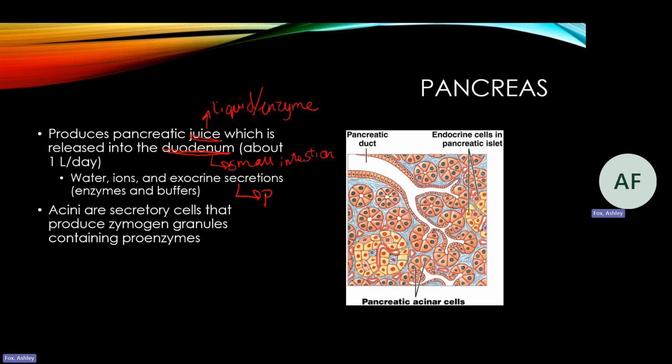So these are going to be digestive enzymes and buffers. Mainly the buffer is going to be bicarbonate. Water is going to be a major component as well, ions, electrolytes.